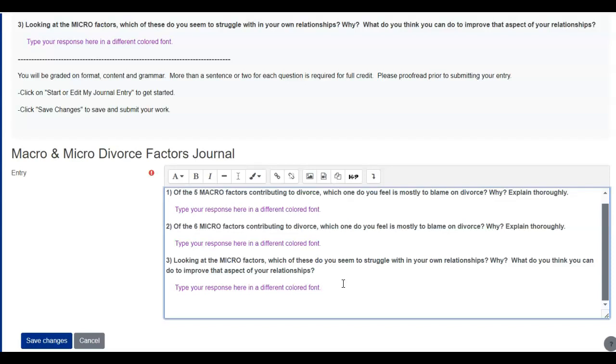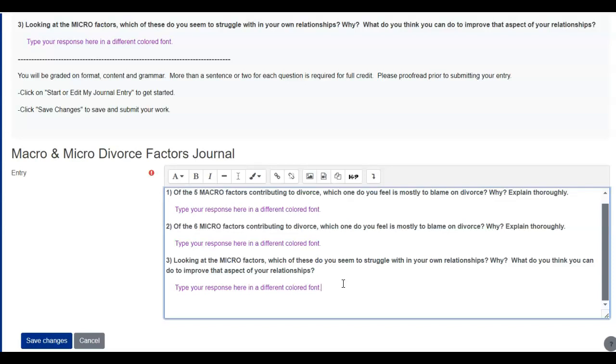It can be a relationship that you are in romantically, but it can also be a relationship that is based on good communication. So it doesn't have to be a romantic relationship, but looking at a relationship, friendship or romantic, which one of those micro factors do you feel like you struggle with the most?